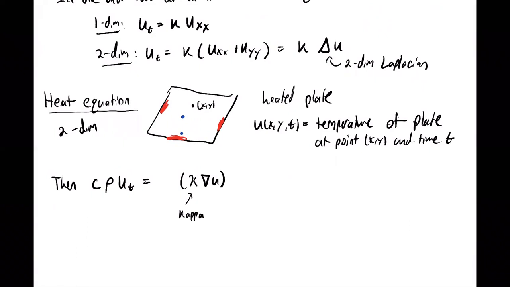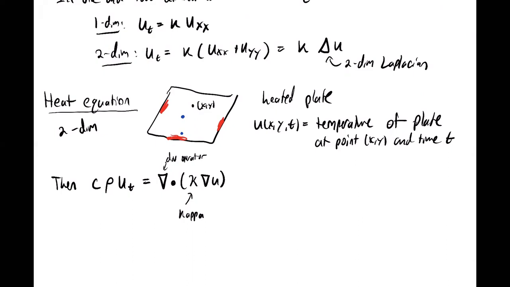And then you apply the divergence operator, right? So this kappa times gradient of u is a vector. Remember for the divergence operator, you take the derivative with respect to x of the first component and then add on the derivative with respect to y of the second component if you're in 2 dimensions. If you're in 3 dimensions, there's one more term corresponding to the third variable or the third component.